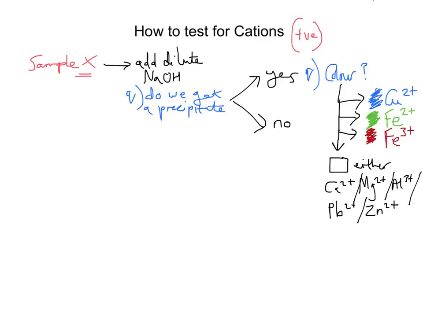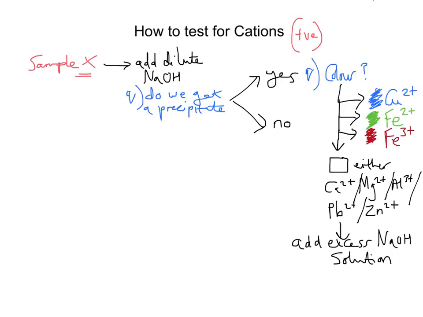Now, at the top where I said, do we get a precipitate? Yes, no. I will come back to the no bit. I'm just going to follow this yes side through first. So we've got a possibility, if we get a white precipitate, of either calcium, magnesium, aluminium, lead or zinc. So now what we need to do is add excess sodium hydroxide, NaOH, solution.